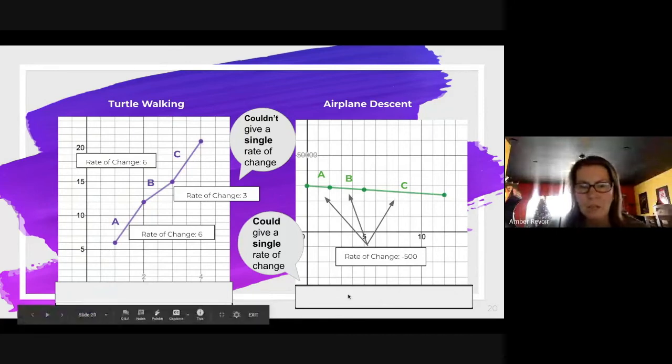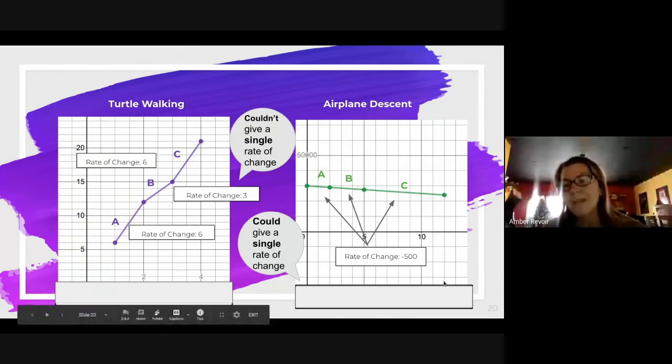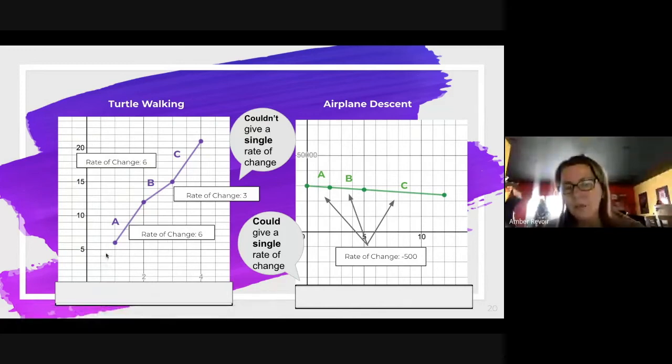It doesn't necessarily form a straight line. This is an example of slope. This is a straight line, so the rate of change is constant. When we're talking about slope, it is a rate of change, but it is a constant rate of change. It has to be constant. Again, the rate of change can be constant, so it can form a straight line, but it doesn't have to, okay? Slope has to form a straight line.